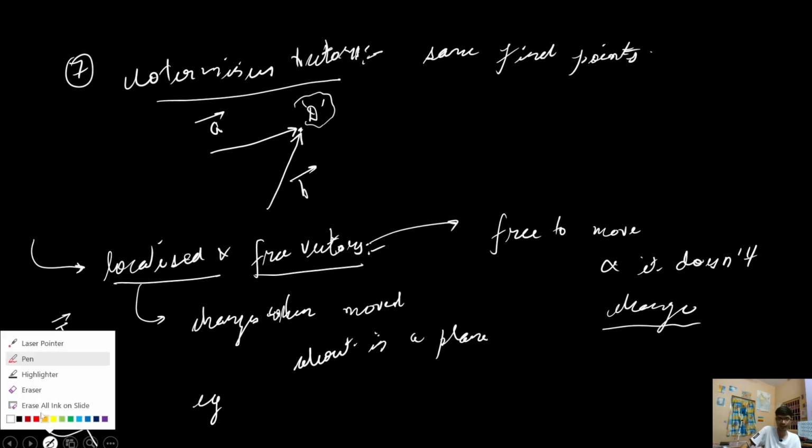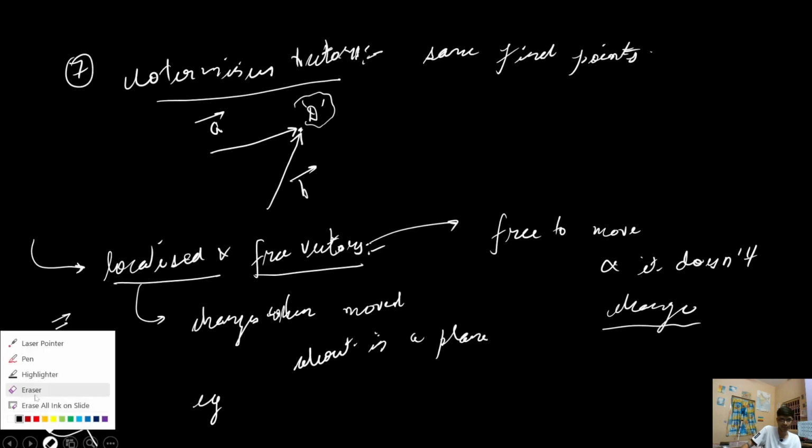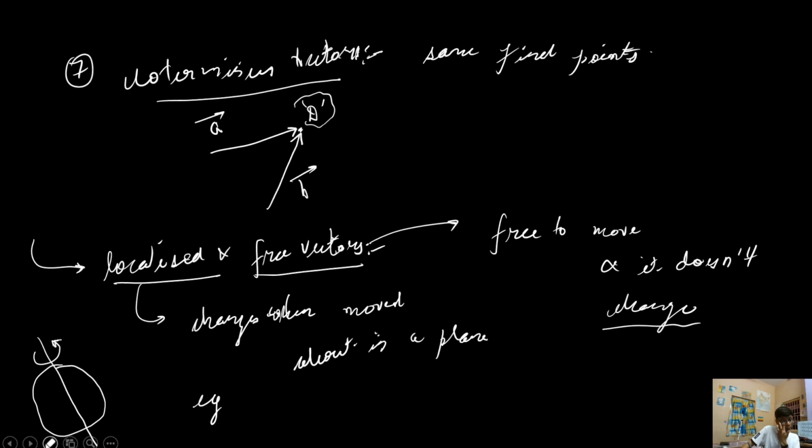Let us not talk about moment of inertia; if I talk about the angular velocity or angular acceleration about a particular axis of a body performing rotational motion, and this omega vector or alpha vector is moved to another axis, the value will change. So such a vector is a localized vector.